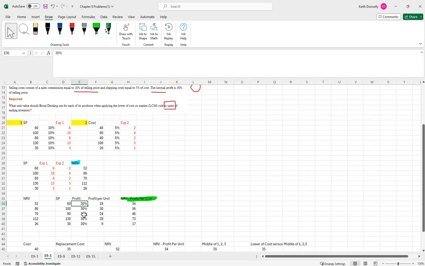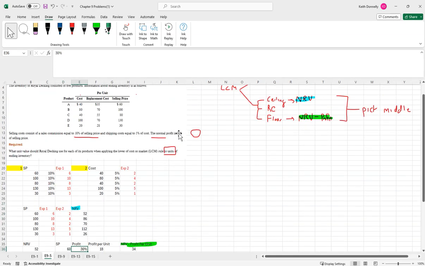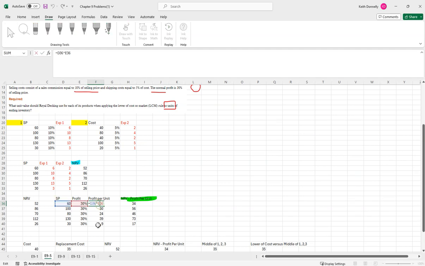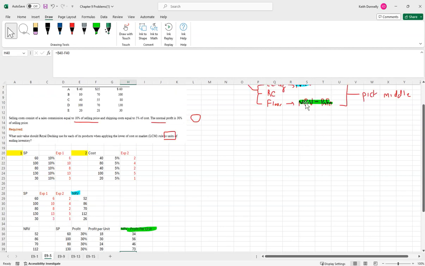We know that there is a 30% profit margin on that. So we're going to do 60 times 30%, which in that case equals 18. If we take the net realizable value minus the profit per unit, we're looking at 34. You just carry it down, a little formula there. So that's how we get the green guy.